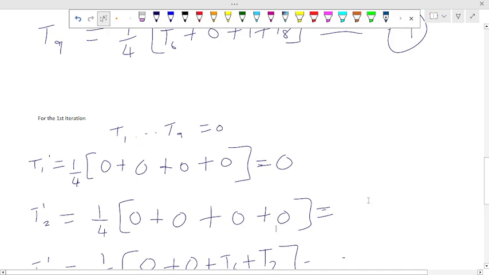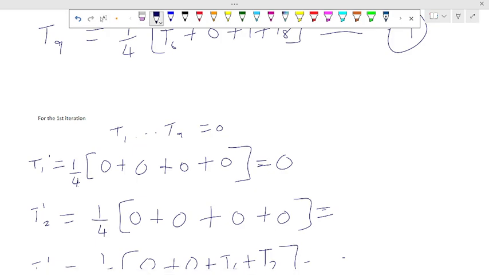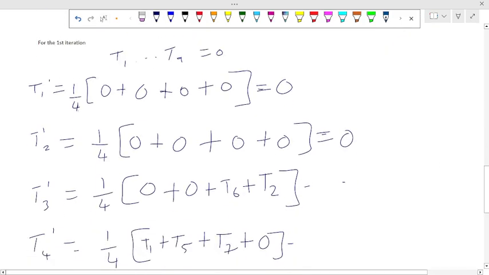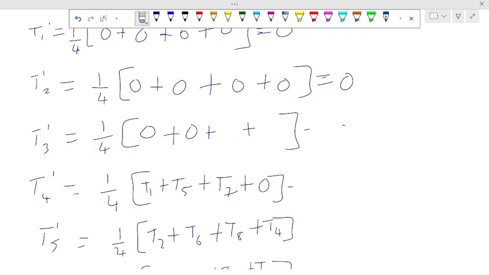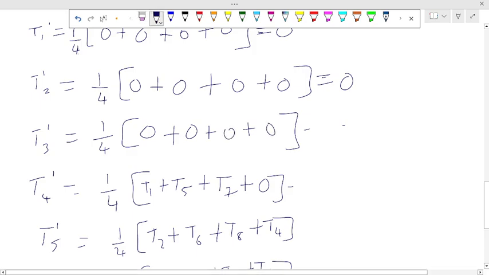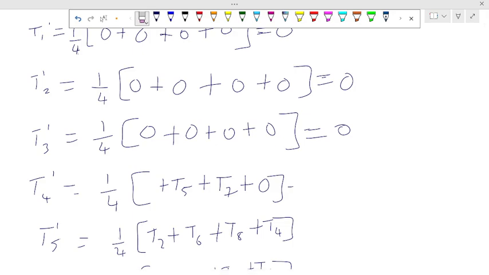That means this one also gives 0. I believe we are getting the point already. So clearly this is also 0, and this gives us a 0 here. So we'll place 0 there.